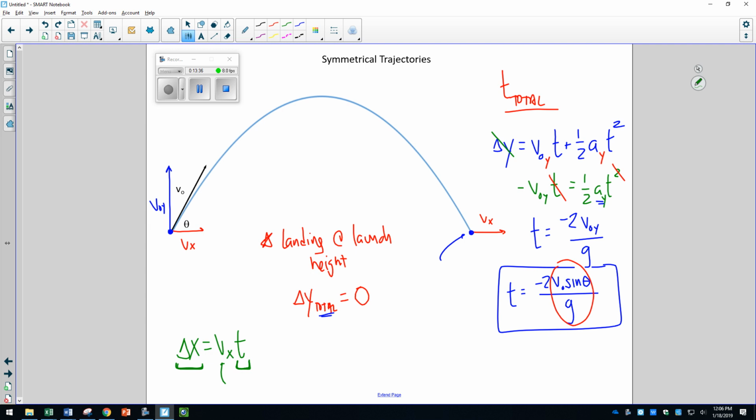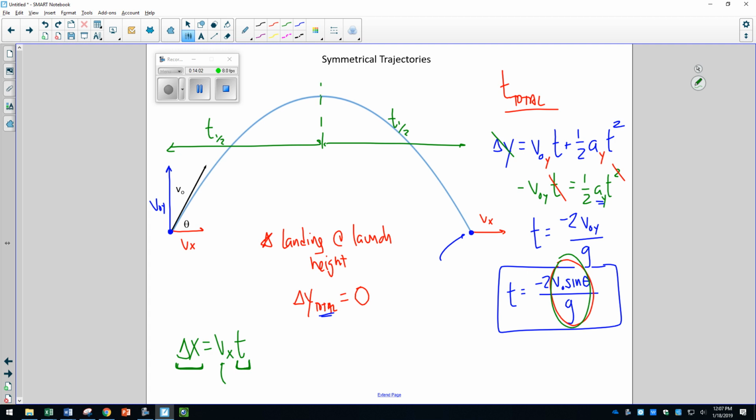And so since from here to here is half the time, and here to here is half the time, and I'm justifying that by saying we know t to the top was this, the total time in the air is twice that, thus t from top to bottom is the same as t from bottom to top.